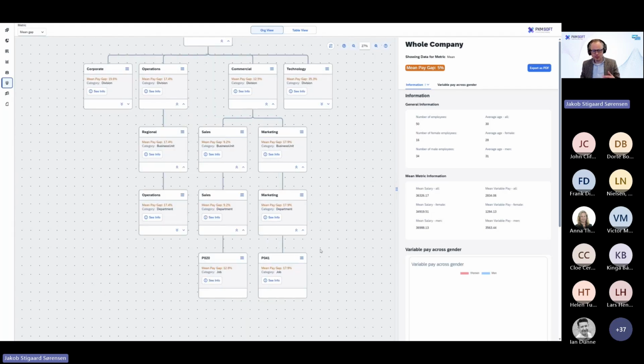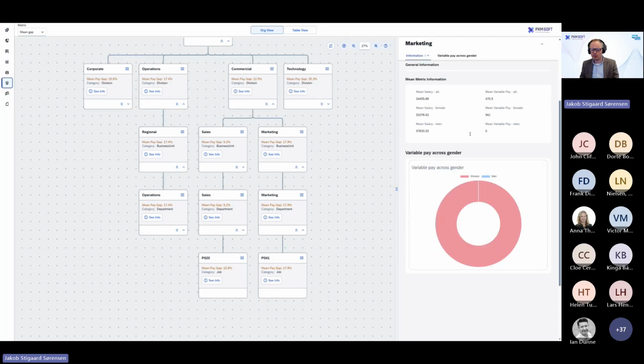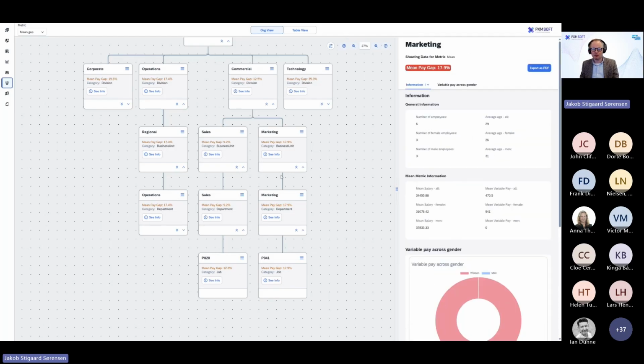So drilling down into the different entities, in this case your divisions, business units, and departments, seeing the scenario across the piece, getting the central metrics. In this case, we have marketing. There's a mean pay gap for marketing that is above the 5%. You can see the metrics, the consequences of these scenarios, and the reasoning behind it.